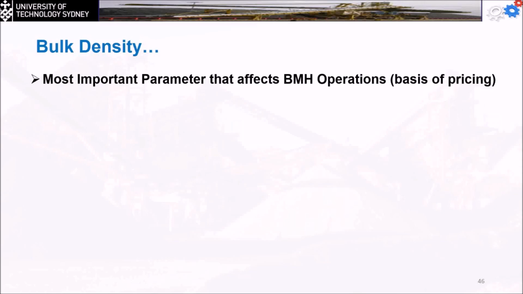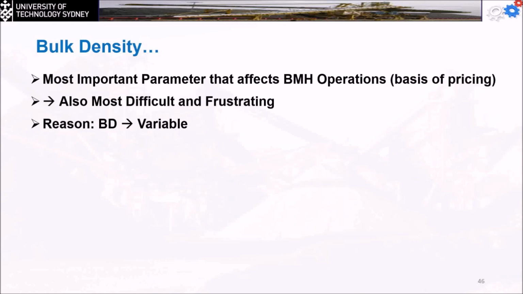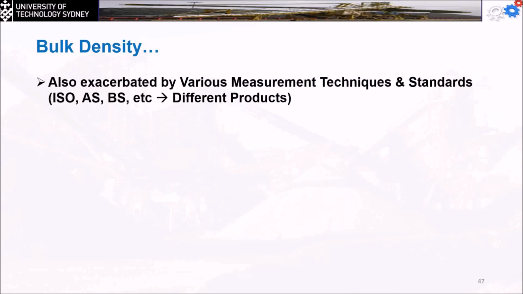It is exaggerated by the definitions, like the loose poured, the tapped or compacted, the vibrated, the fluidized, and it is actually an operator-dependent procedure. Also affected by the various measurement techniques and standards like the ISO, the AS, the BS, etc., and also different products. Proper definition and characterization process is essential, and understanding is equally important.